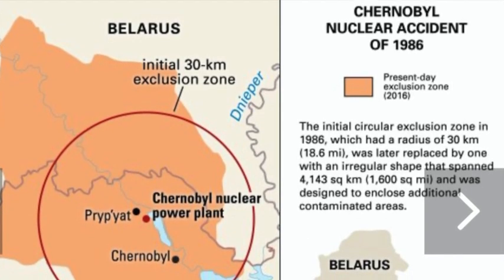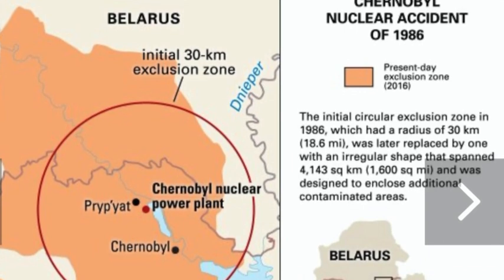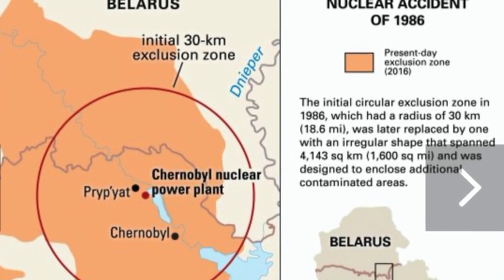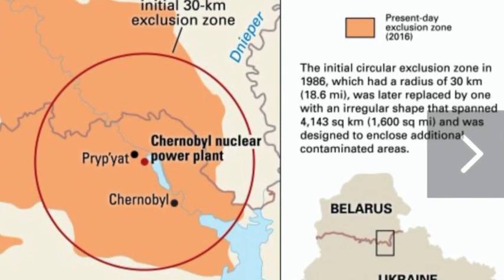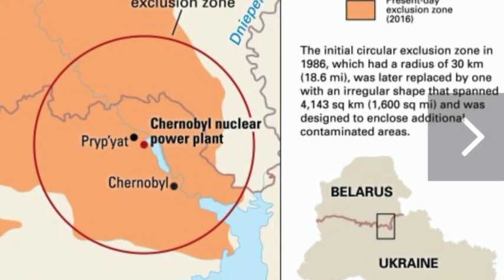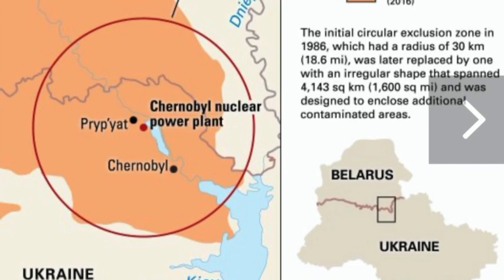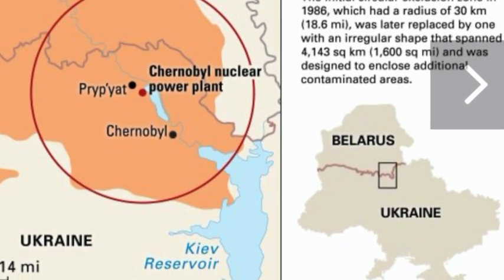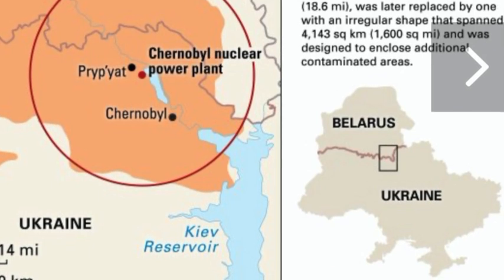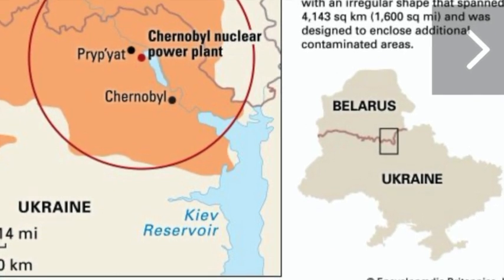This is a picture of the initial exclusion zone, which was about 320 square miles and about 50,000 people. This was later pumped up to 1,600 square miles, and at least 350,000 people were displaced from this zone of exclusion.